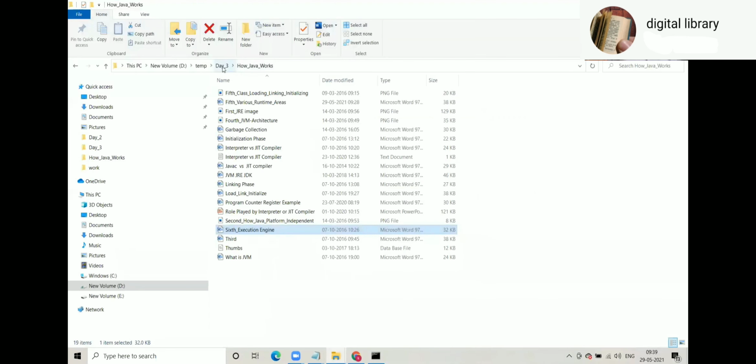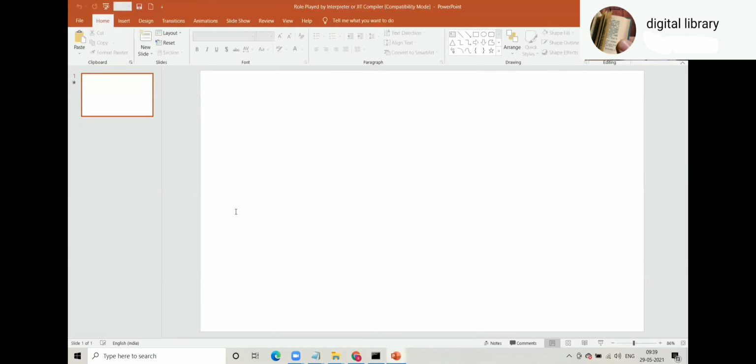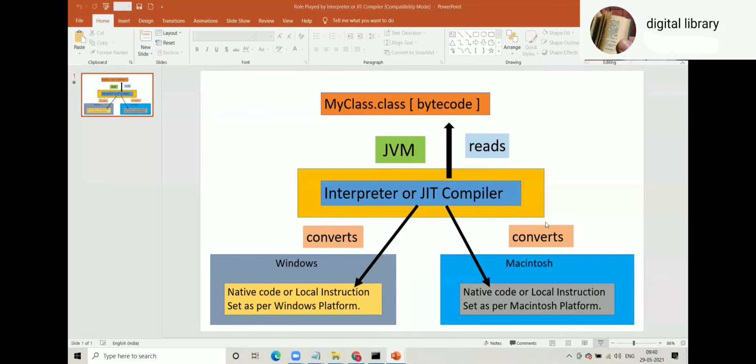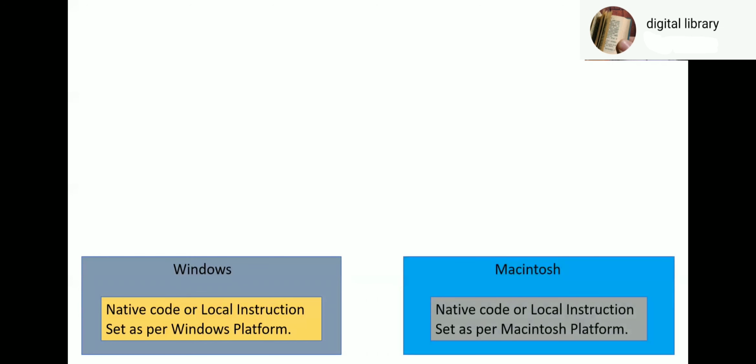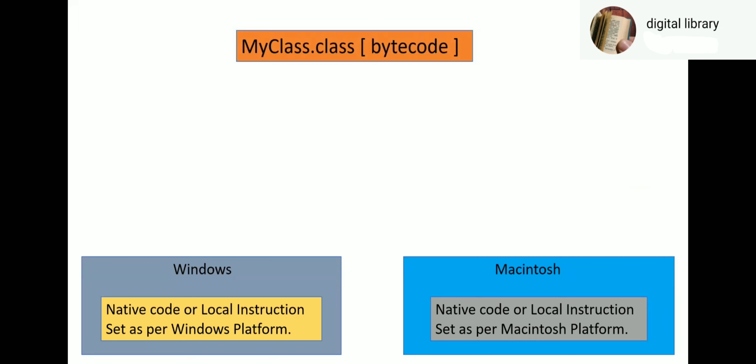So how Java works. Here we have one PPT also. Let's see the role played by interpreter or JIT compiler. That's a basic thing which I explained in the beginning on the canvas. Windows platform: native code or local instruction set as per Windows platform. Macintosh, for example, is another platform, with native code as per Macintosh platform. We have bytecode. The concept is that this bytecode can run on Windows as well as Macintosh, any platform.